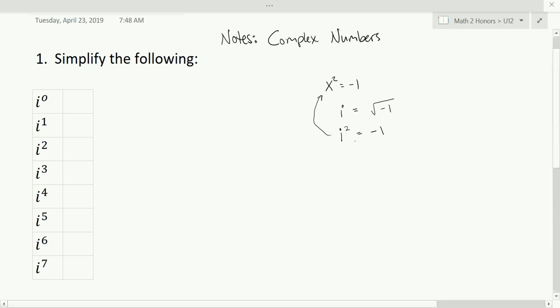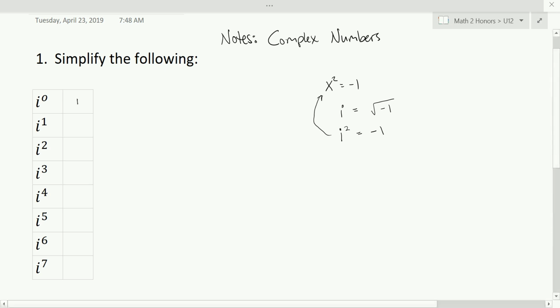What do you think i to the 0 would be equal to? What is 5 to the power of 0? I heard 0, I heard 1, I heard 5. 1. What's 100 to the power of 0? 1. What do you think i to the power of 0 is? 1.